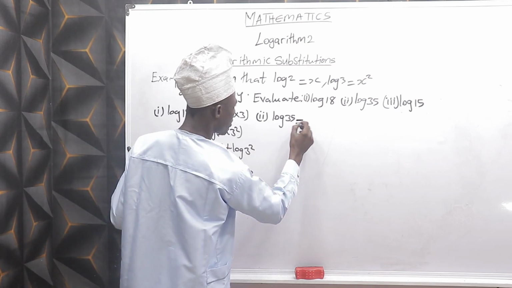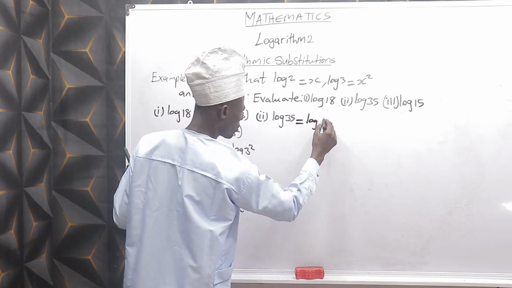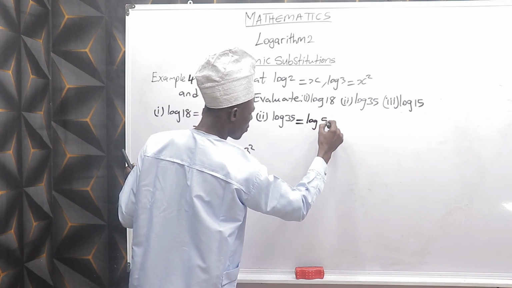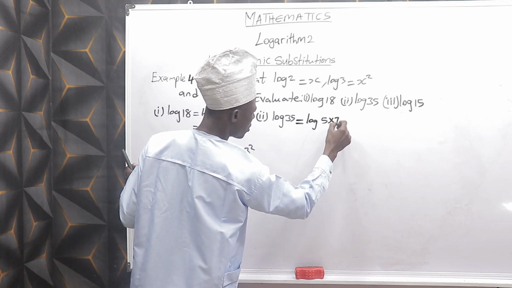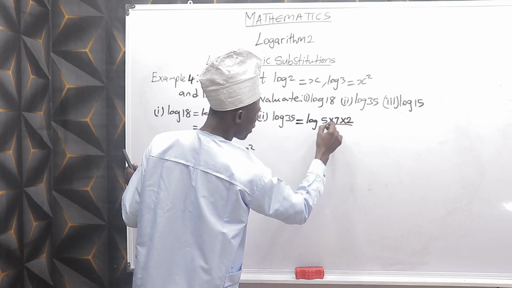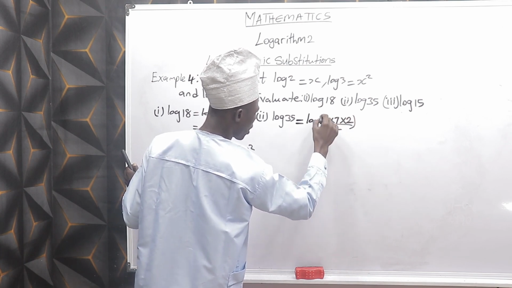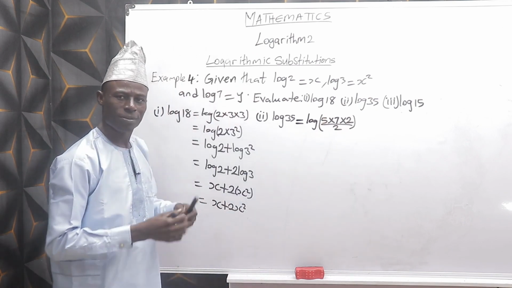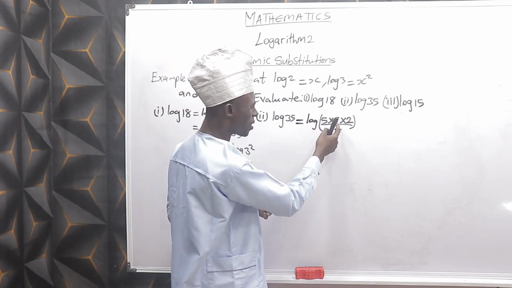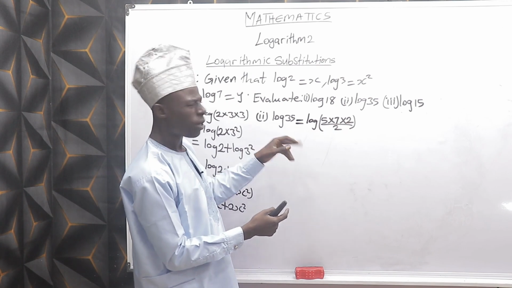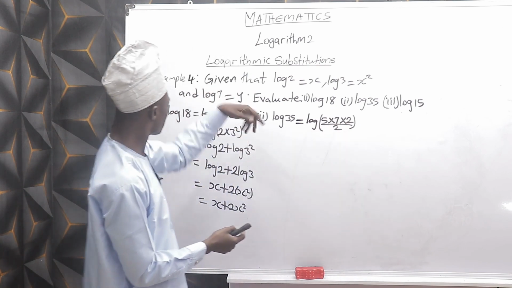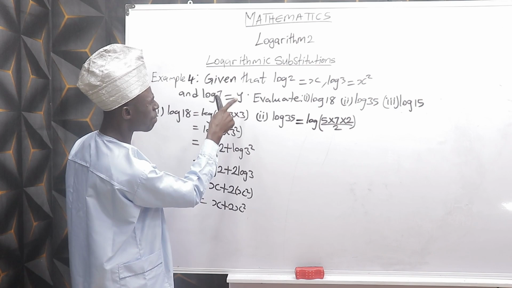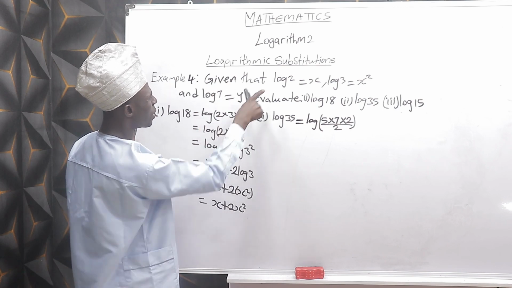I will write log 5 times 7 times 2 divided by 2. Look at this manipulation. You can see that 5 times 7 is 35. So I use 2 and look at one of my given logarithms.